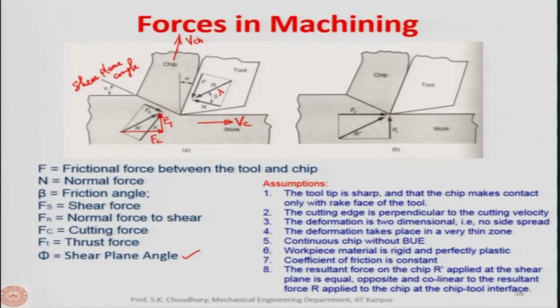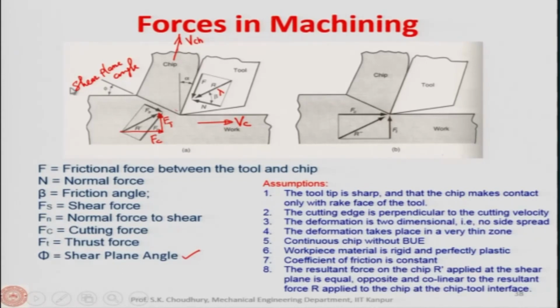Now, these angles, that is the alpha, phi and the lambda or beta, the friction angle, can be correlated with the components of the forces F, N, Fs, Fn, Fc and Ft, all together.